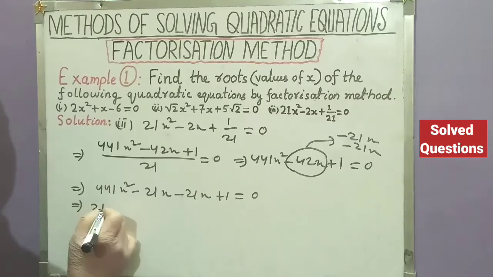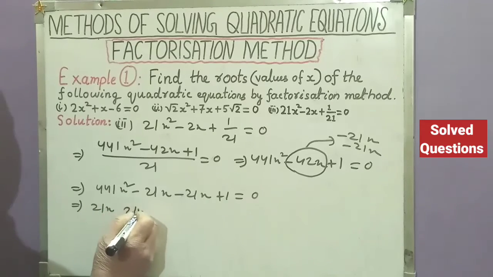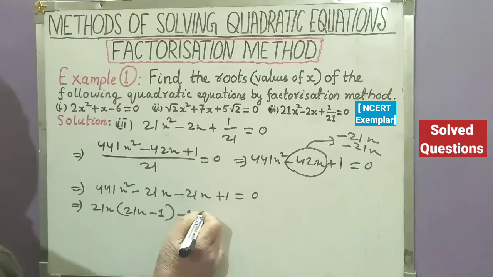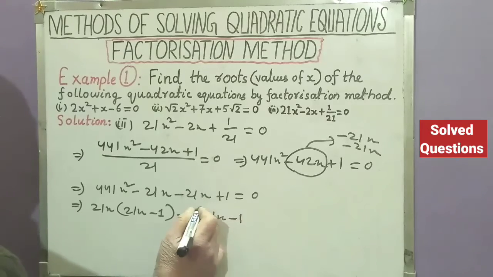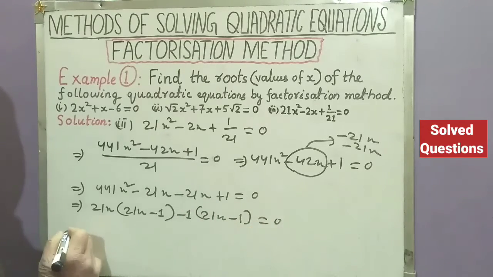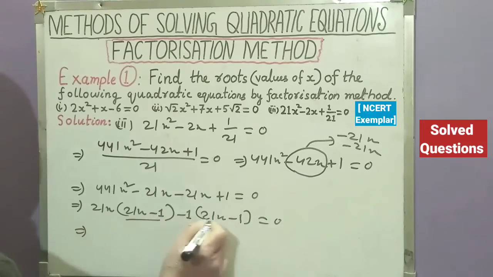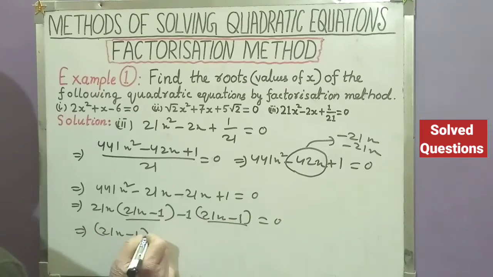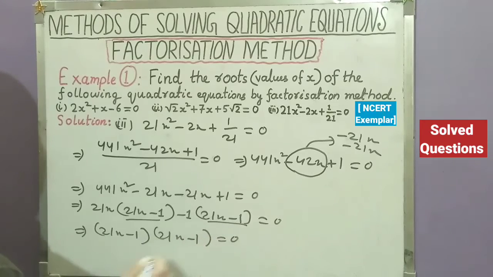That implies that 21x common, (21x − 1) and −1 common, (21x − 1) = 0. Taking common (21x − 1), we get (21x − 1)(21x − 1) = 0.